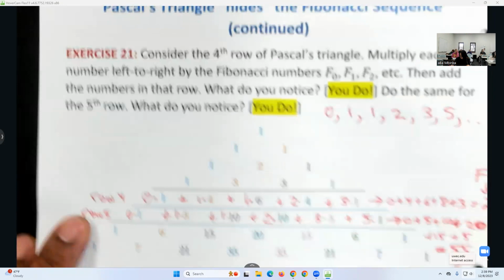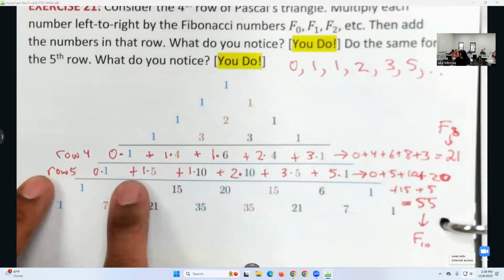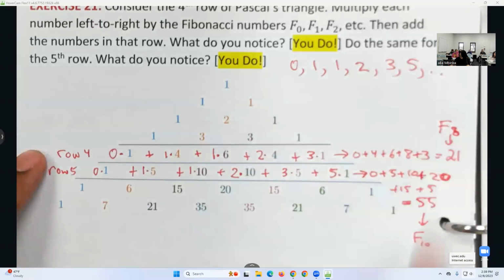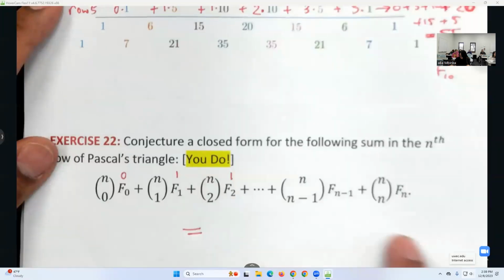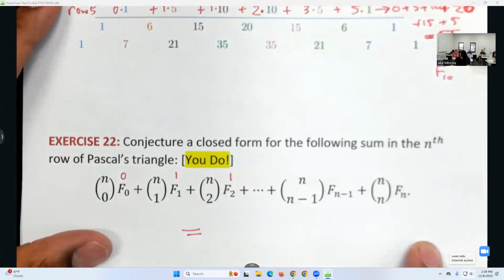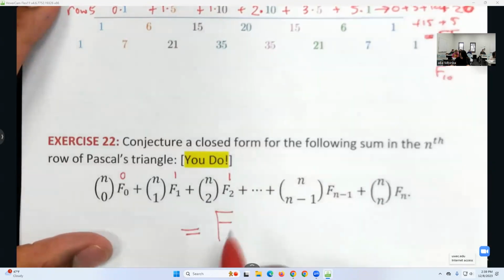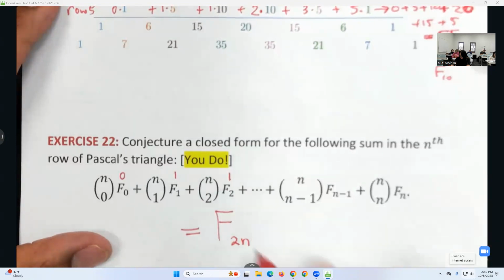We saw it here. Row 5, weighted with the Fibonacci numbers and summed up, gave us F10. The fourth row gave us F8. The nth row is going to give us F of n times 2. Yes, the subscript is double the row number.